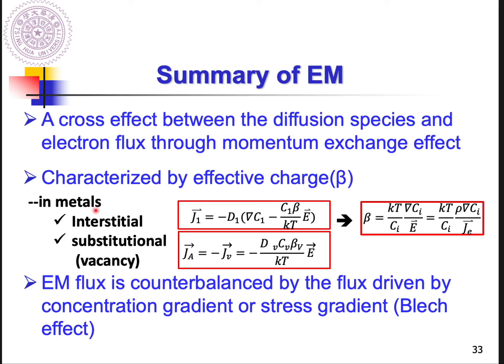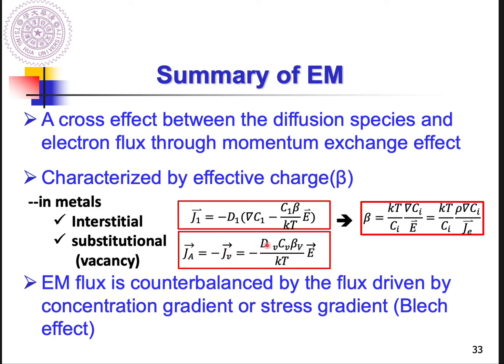Okay, and in metals, it can be divided into two different conditions. The first one is the atomic flux of interstitial atoms, and the second one is substitutional atoms. You can easily write down for the interstitial one the concentration gradient part and the electrical field part, and for the substitutional part, because it's a pure metal, the only way you can know the atomic flux will be by calculating the J V, vacancy flux.